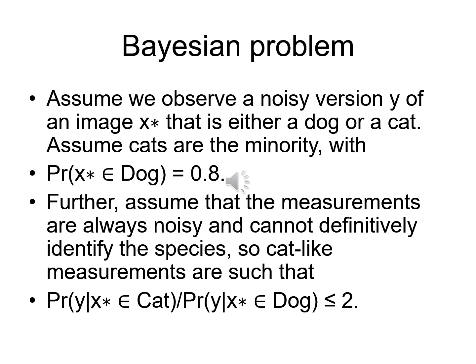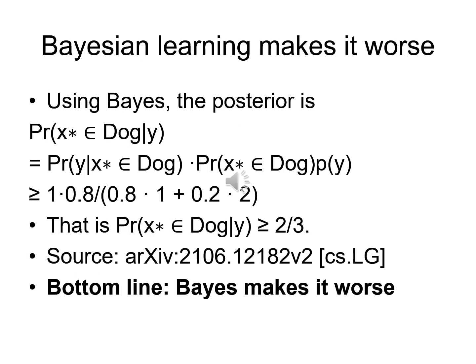So we are putting our finger on the balance and tipping the balance in favor of the dog. There are more dogs than there are cats. With that noisy input, we are trying to figure out the probability that X star is a dog given Y. So this is a classic Bayes problem. And we split that up in two parts, multiplying by those two probabilities.